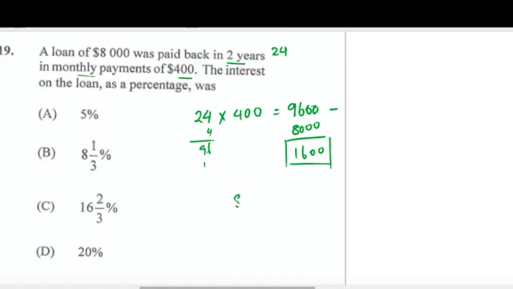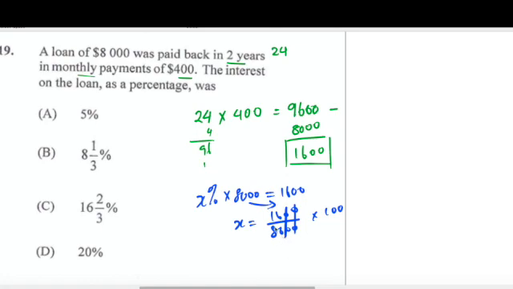Well, that means that I'll have the 1,600 divided by the 8,000. How did I get that? Well, remember, I want to know what percentage of the 8,000 is 1,600. So that means that 1,600 is divided by the 8,000, and I have to multiply it by 100 to give me the percentage.